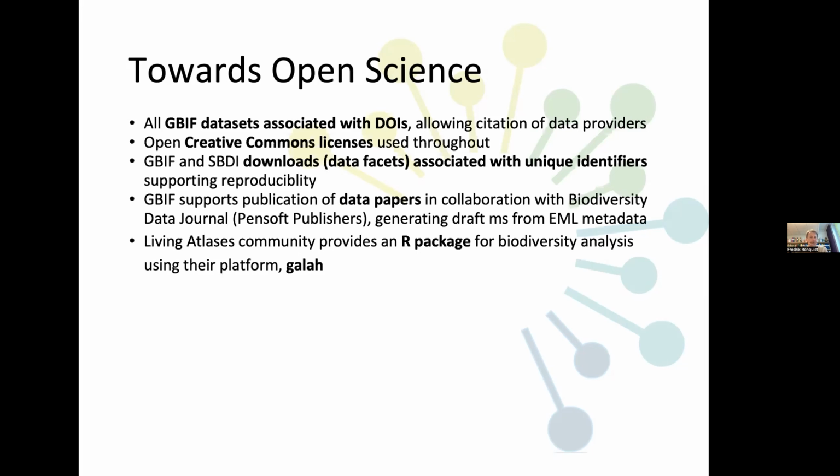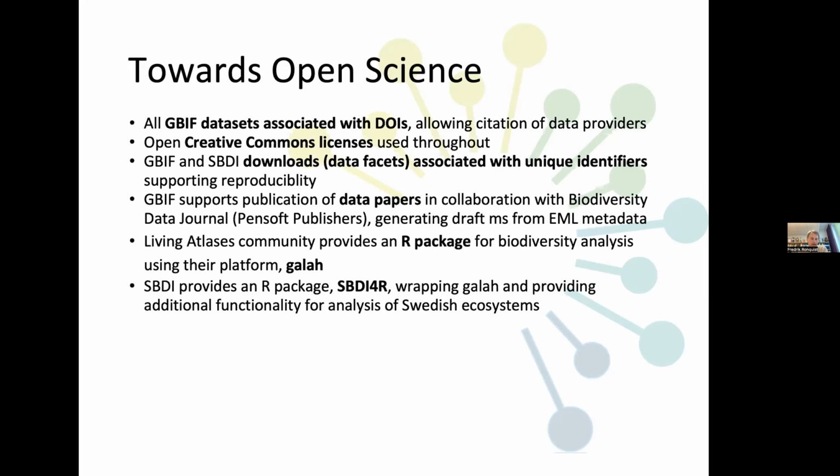The Living Atlases community provides an R package for biodiversity analysis using their platform, and that R package is called galah. SBDI provides an R package called SBDI4R. It wraps galah and provides additional functionality that is available only for analysis of Swedish ecosystems. We have a lot of additional resources that are not available in other countries.